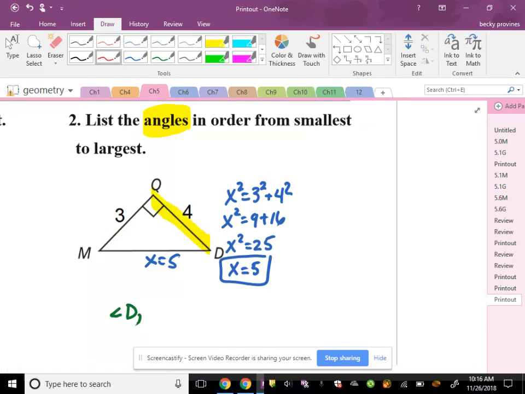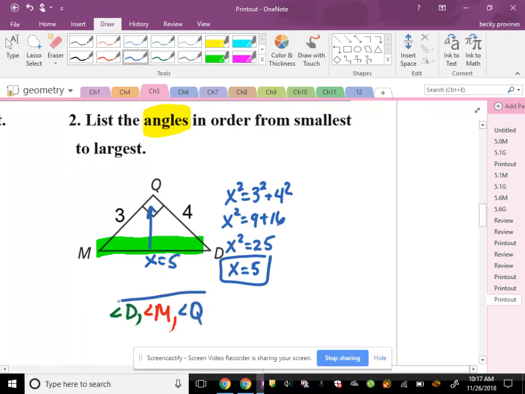So what letter are you not using? What's straight across? M. So angle M. And then process of elimination tells you the biggest, or we could do the math behind it. 5 is the largest. So the letter we're not using, or the one straight across, is angle Q.